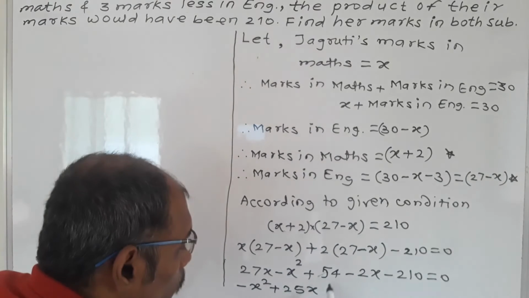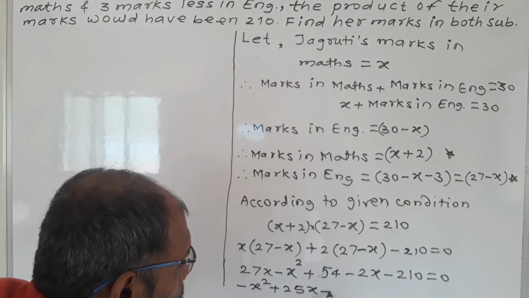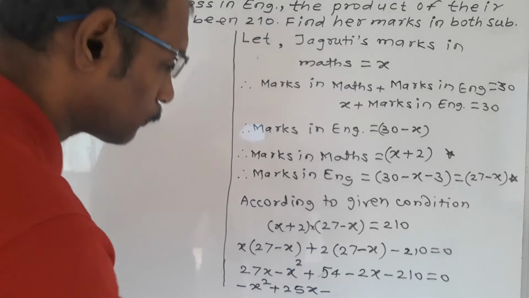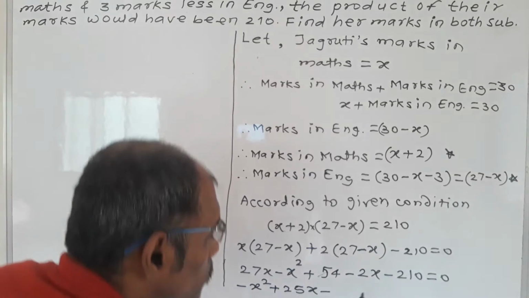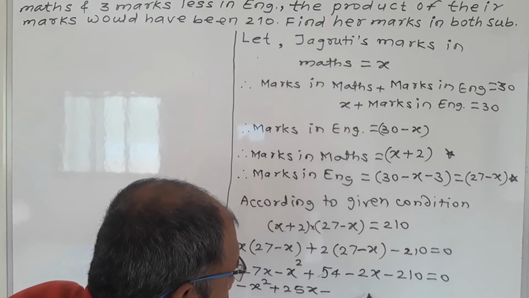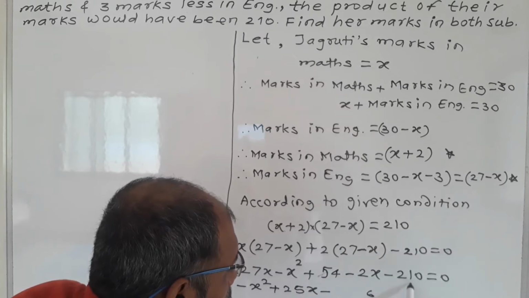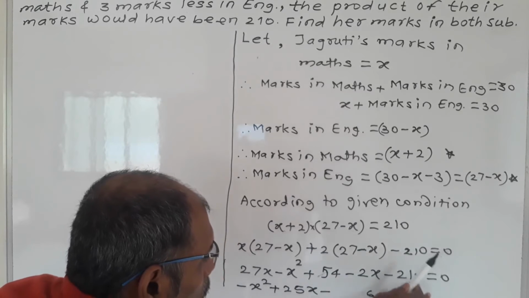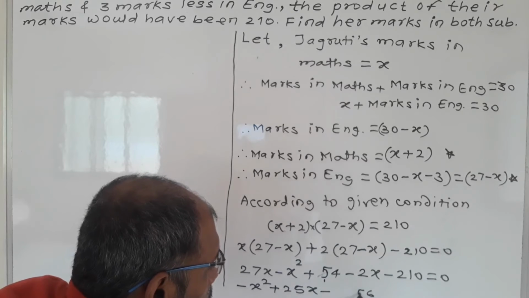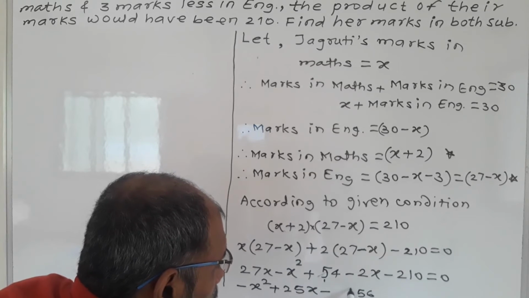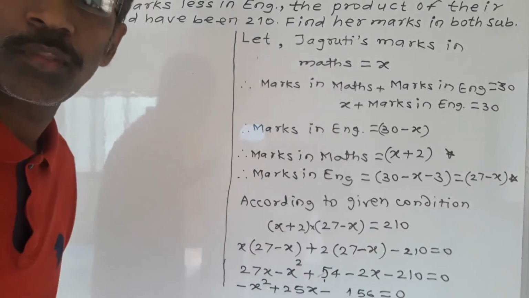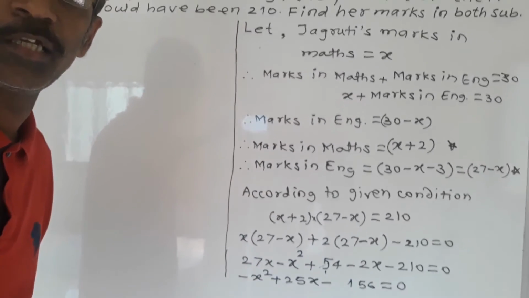We add or subtract. Now here 210 is the bigger number, therefore by subtraction, 210 minus 54 is 156. Now this is our quadratic equation.